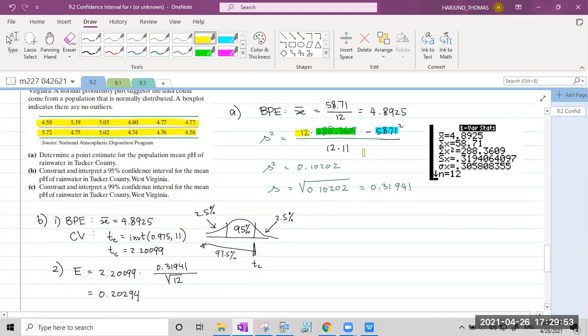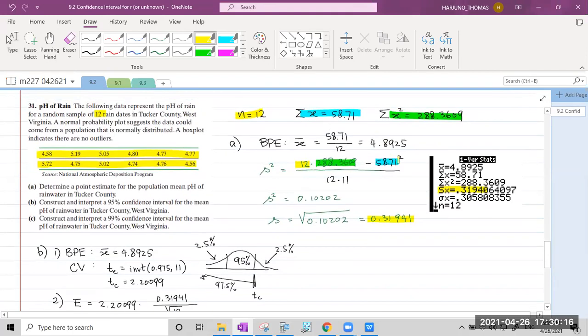Okay, you see that the sample mean is what we have, right? Sample standard deviation is what we have, but ours is rounded to 5 decimal places. In fact, it helps us to compute fast the sum of x and the sum of x squared.